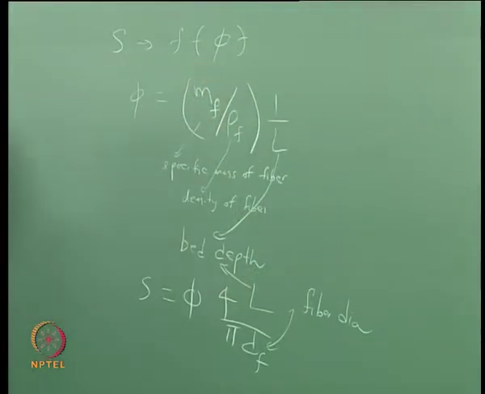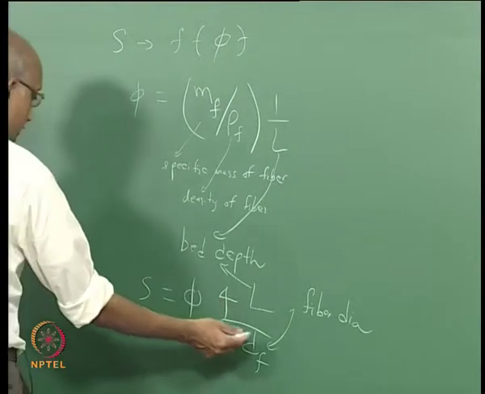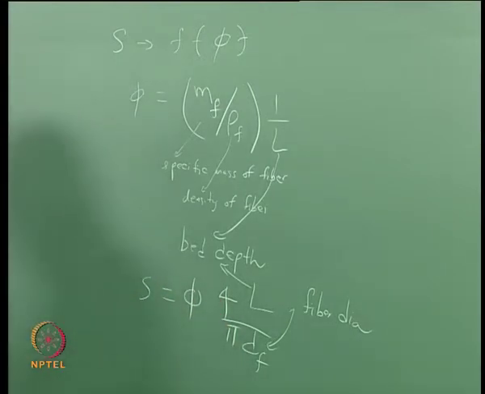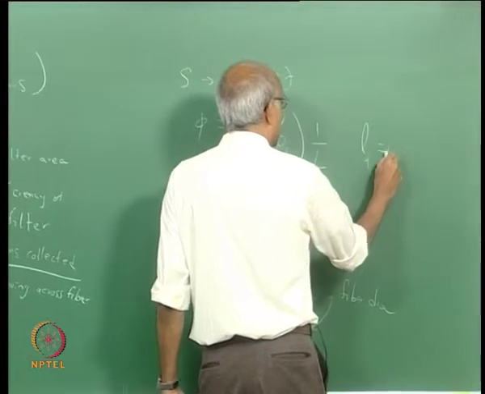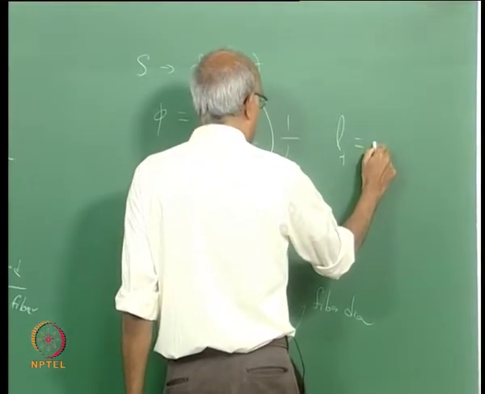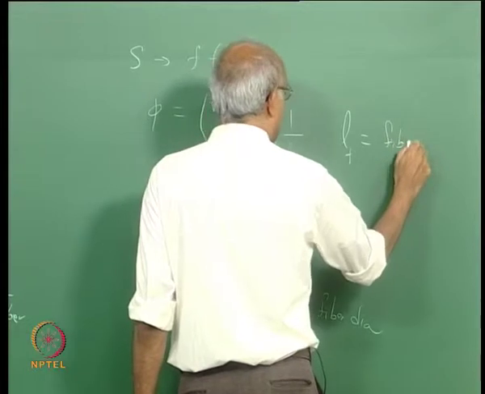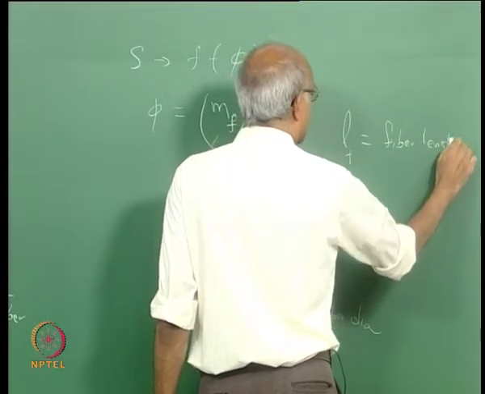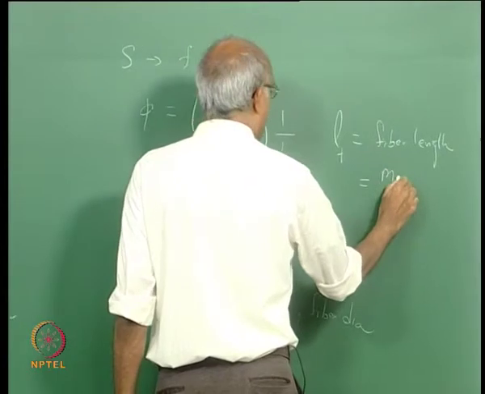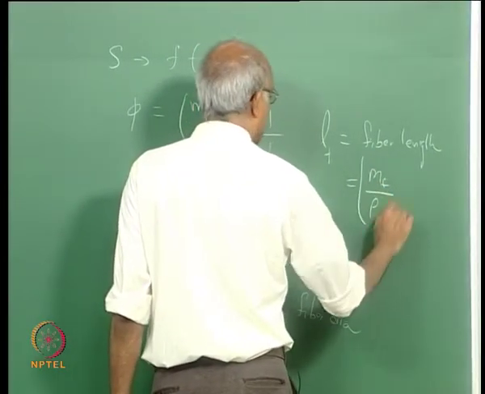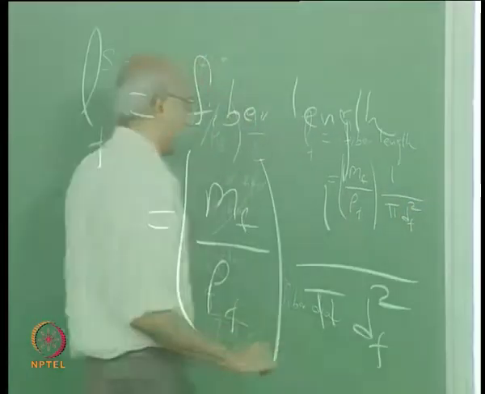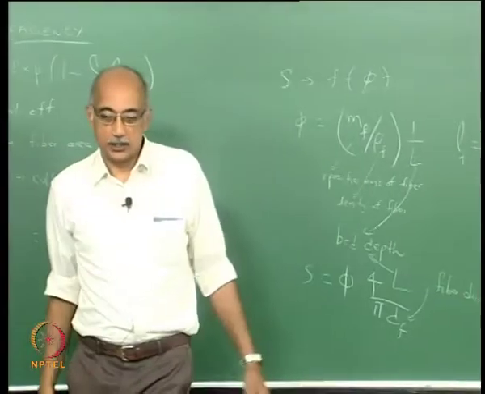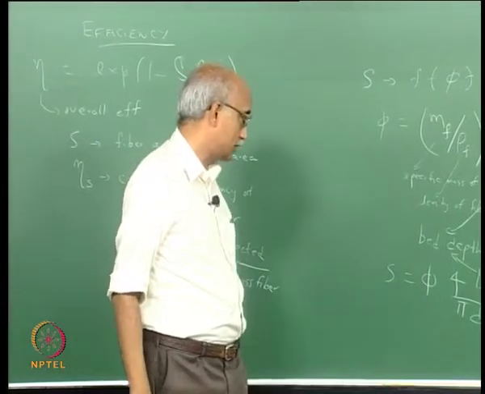And the reason for this is because you can actually do the calculation. You can define a specific length of the fiber as LF, the specific fiber length, which will be equal to MF over rho F times 1 over pi times df squared, and from that you can essentially estimate this expression.